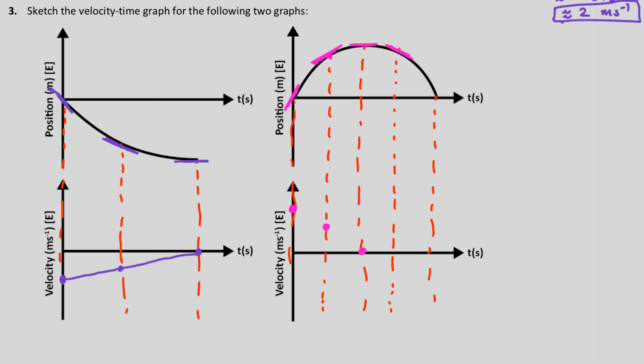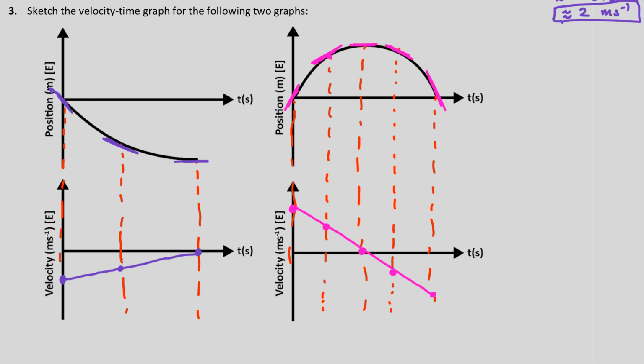The steepness is medium, so somewhere here, but it's negative in terms of direction. And the steepness right at the very end for my tangent is pretty steep, and it is also negative. The slope is negative. So then I would just connect the points, and I get something like this.